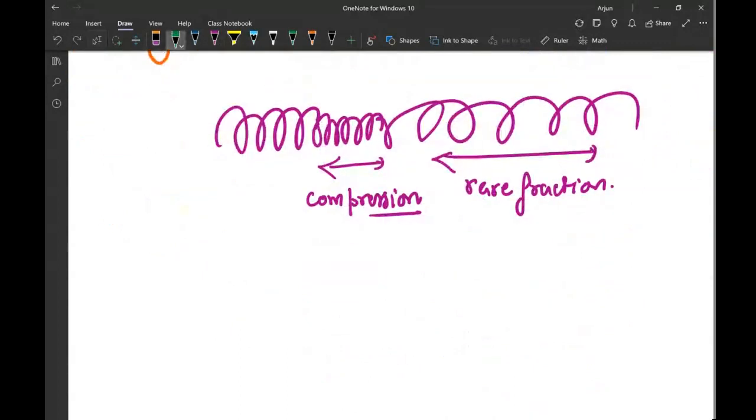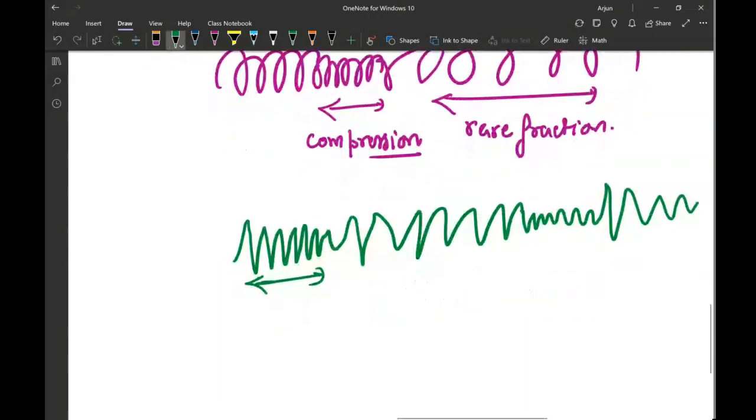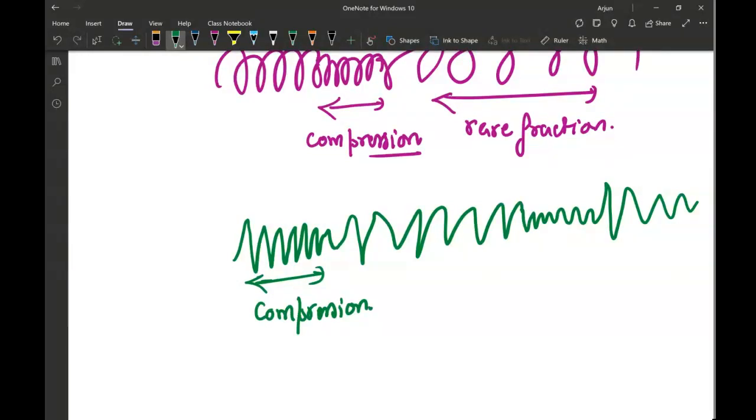You can also represent it in the zigzag form. So something like this, and this is compression. Pardon me for my diagram. The amplitude should not increase.